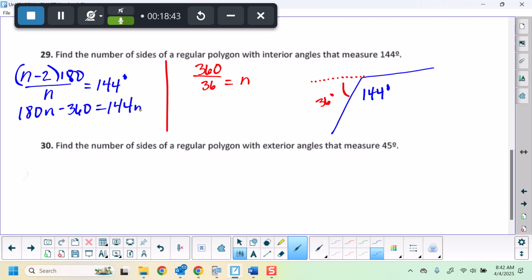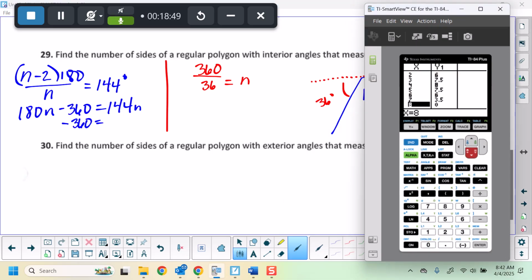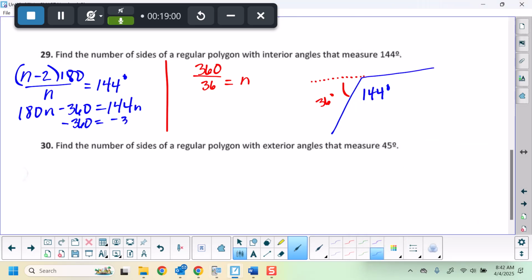So now when I combine like terms, I have the opposite of 360 is equal to 144 minus 180. So 144 minus 180 gives me negative 36 n's. So I'll divide each side by negative 36 and I get the same answer.